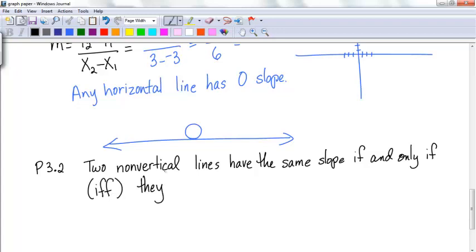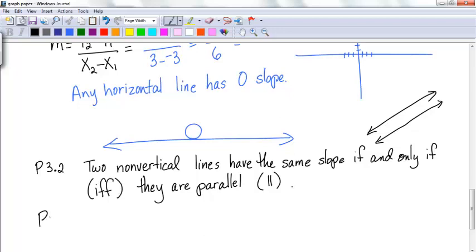If they're not vertical, the only way they're going to have the same slope is if they're what kind of lines? If they're parallel. Okay, and you can use the word parallel, or remember the two lines like that means parallel, without the parentheses. Okay, and the last is postulate 3.3.